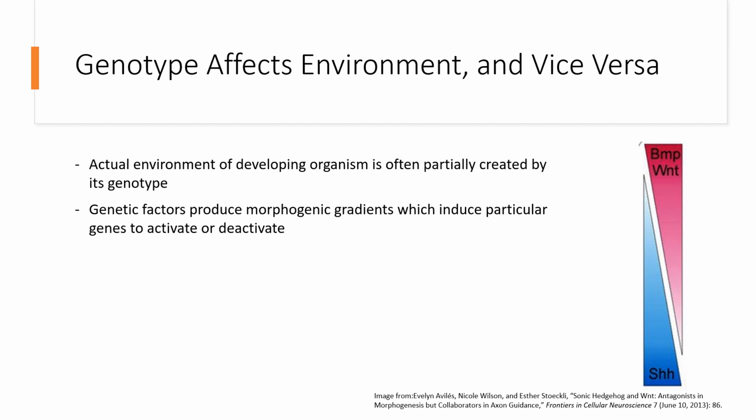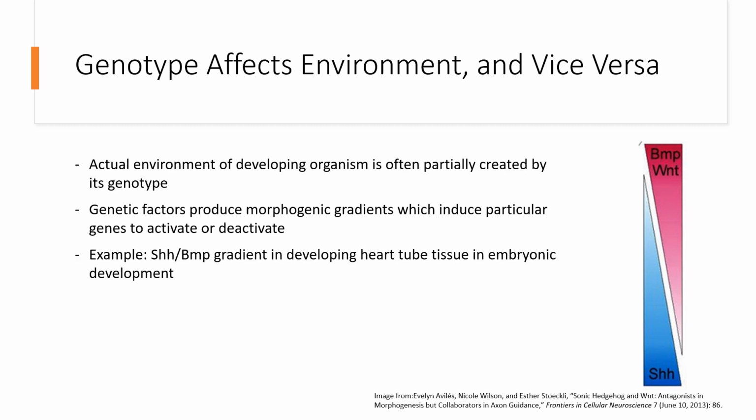While it is often not thought of as the environment of an organism, the environment in which a cell resides is of utmost importance to its relative expression of genetic information and genetic products, like proteins. So this level of environmental influence cannot be ignored and is often heavily influenced by an organism's genotype.